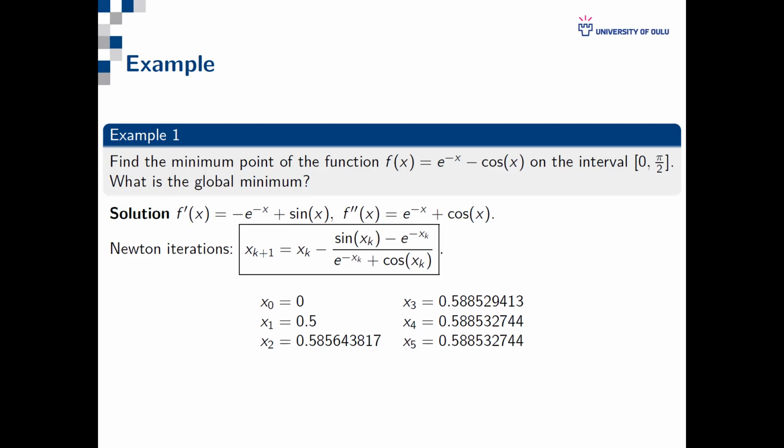But this one does not work if we have the second derivative going to 0 at the minimum point. So for example, you can take the function x to the power 4. At the minimum point it is 0, and the second derivative is also 0, and the derivative is 0.